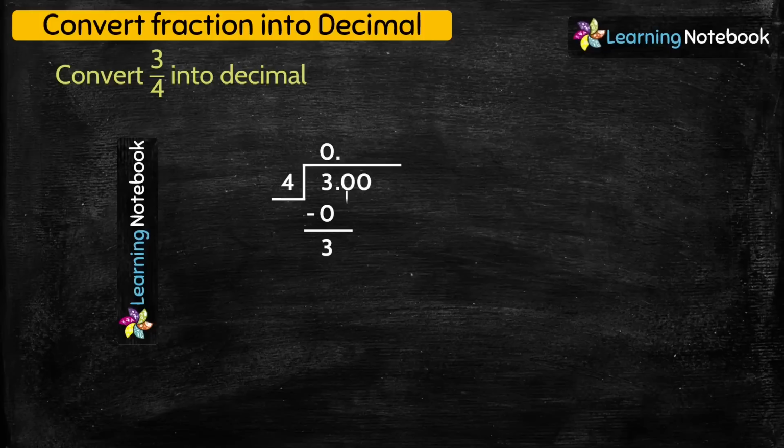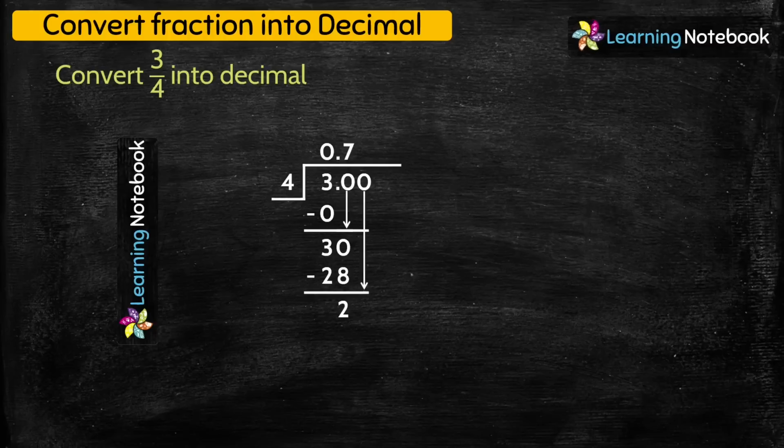And now we will copy next digit 0. So we have to divide 30 by 4 now. 4 into 7 equals 28 and 30 minus 28 equals 2.